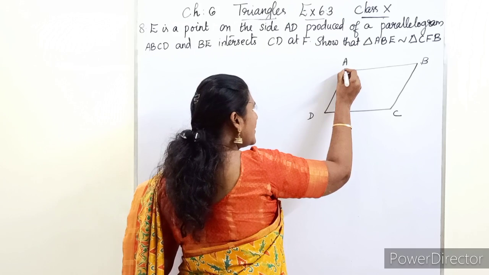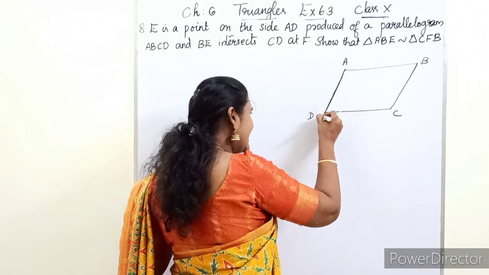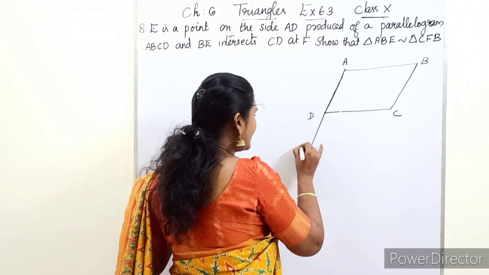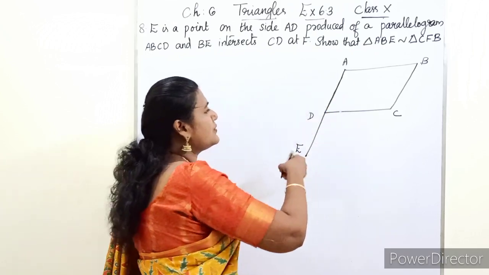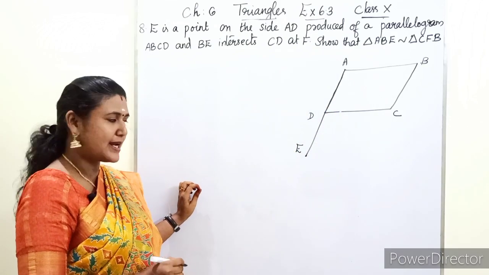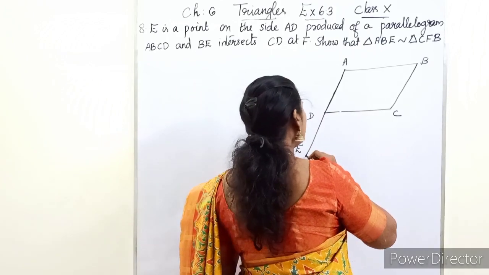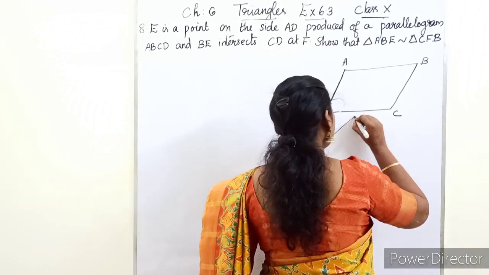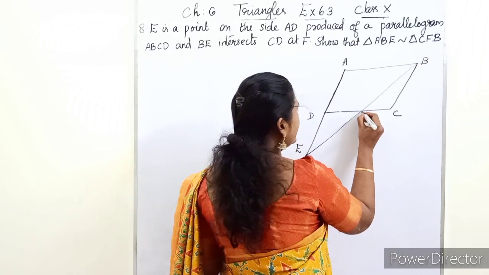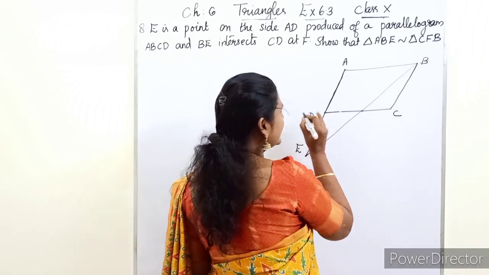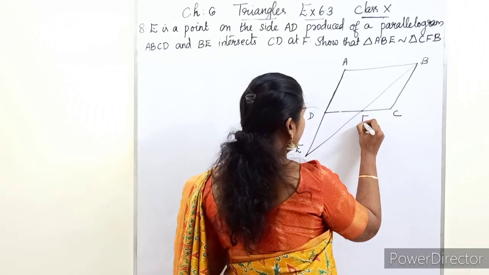So if we produce the side AD, then this E is a point on this produced side AD of a parallelogram. BE intersects CD at F. So if we join BE, then this will intersect the side CD at the point F.